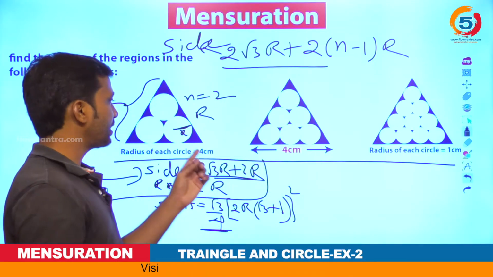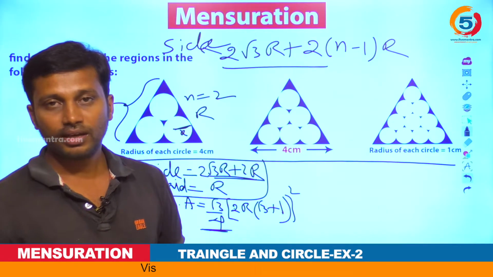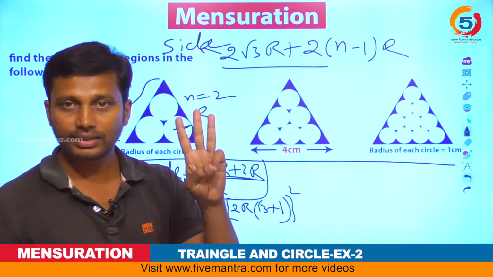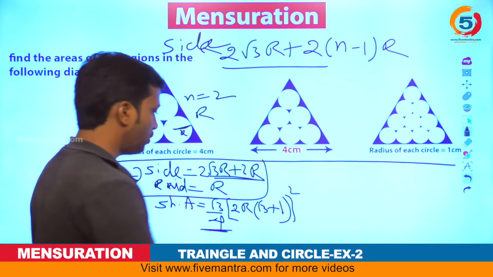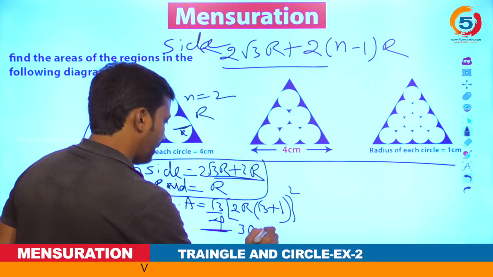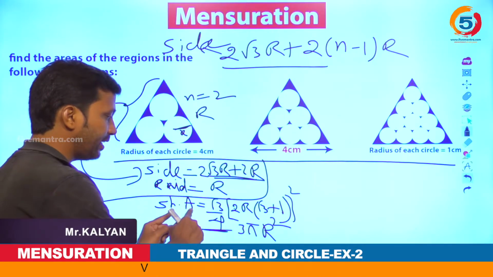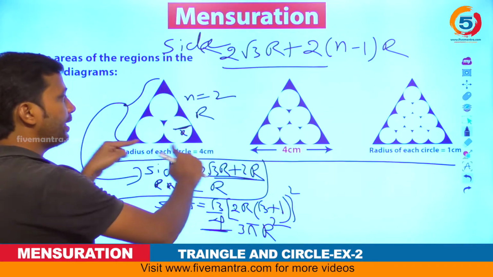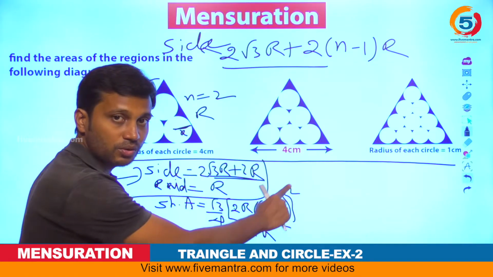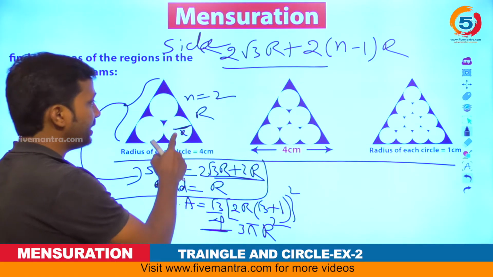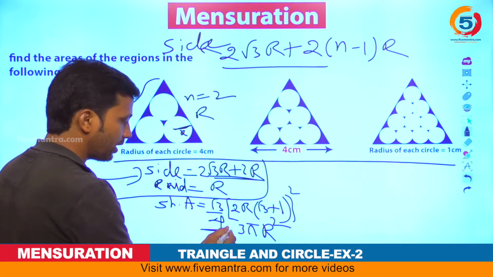Each circle's radius is R, so each circle's area is pi R square. How many such circles are there? 3. So the total area of 3 circles is 3 pi R square. Once again, repeating, the shaded area equals the area of the triangle, root 3 by 4 into (2R into (root 3 plus 1)) whole square, minus the area of 3 circles, each pi R square, so minus 3 pi R square.